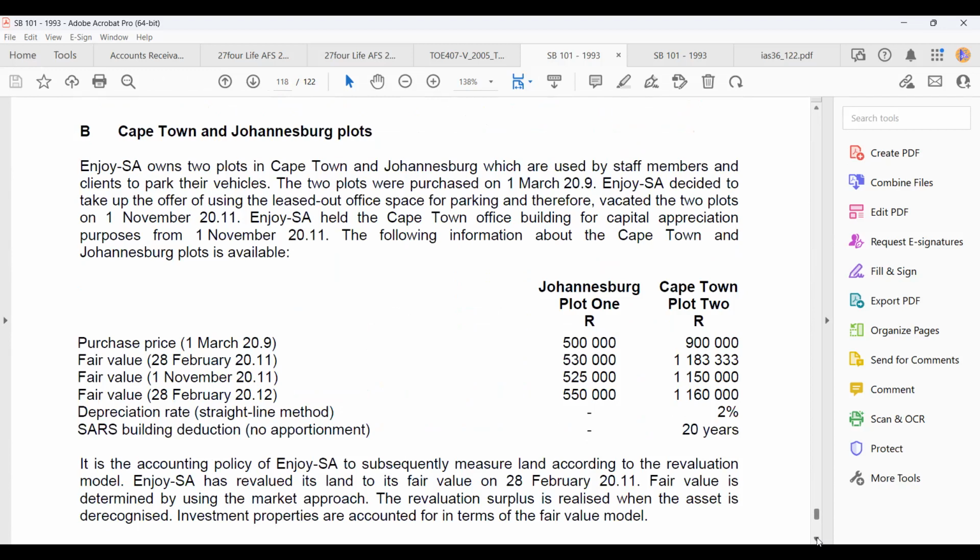Before I move on, what we also discussed yesterday is how do you determine what type of item it is. When you are reading a question, in most cases, because you are third year CTA already, it's in your mind to identify that it's an asset, a liability, and so forth.